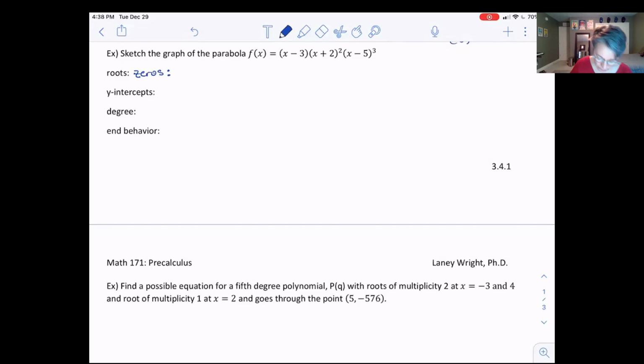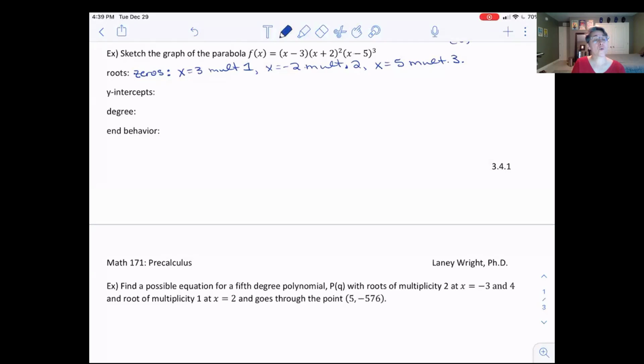So in this case, we have a zero of 3 with a multiplicity of 1. We have a zero of -2 with a multiplicity of 2. And we have a zero of 5 with a multiplicity of 3. So those are our roots or our zeros.